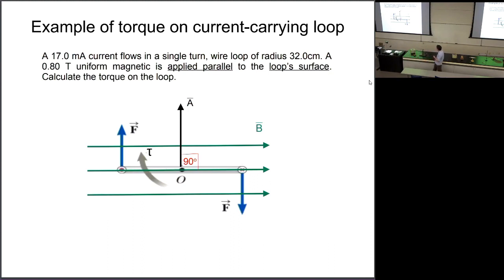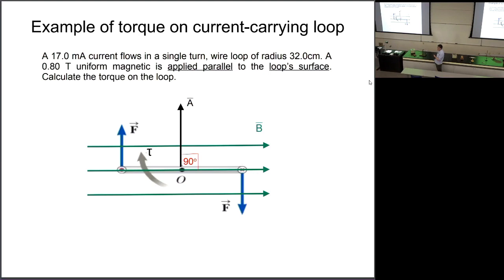Here we've got a current loop in a magnetic field, and we're told the current that's flowing in the loop, the size of the loop, and the magnetic field that the loop is immersed in. And we're asked to figure out what the torque on this loop is. So remember, the idea is that this loop in this field will experience forces on the sides of the loop.